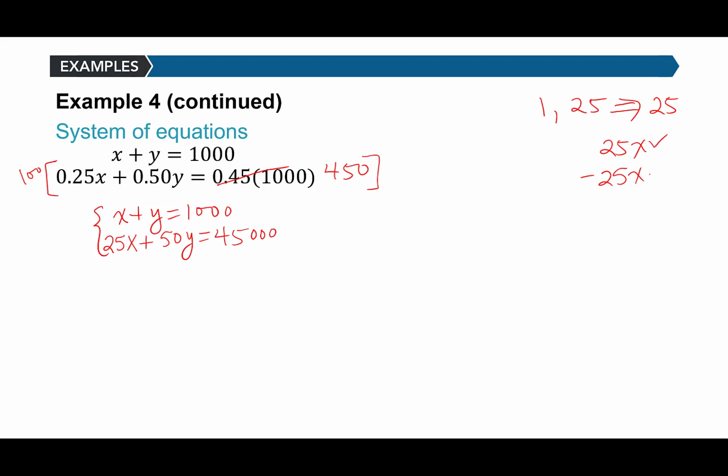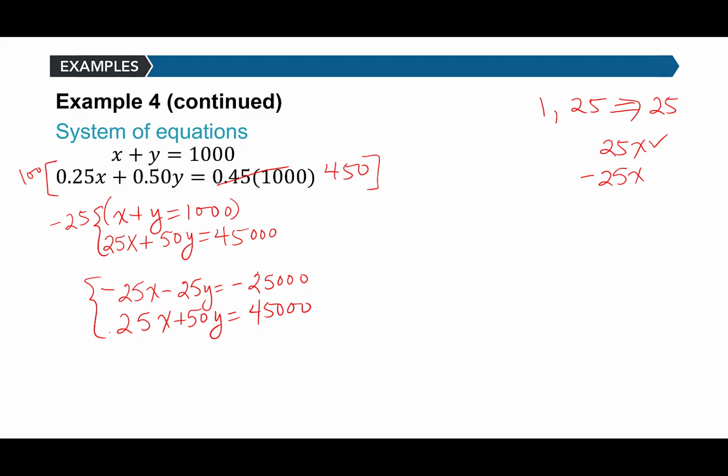To get a negative 25X in the first equation, we need to multiply the first equation by negative 25. That gives us the new system: negative 25X minus 25Y is equal to negative 25,000. And then we keep the second equation the same: 25X plus 50Y equals 45,000.